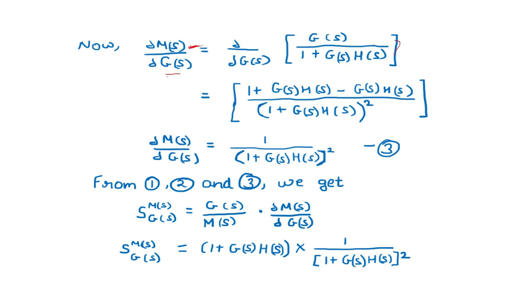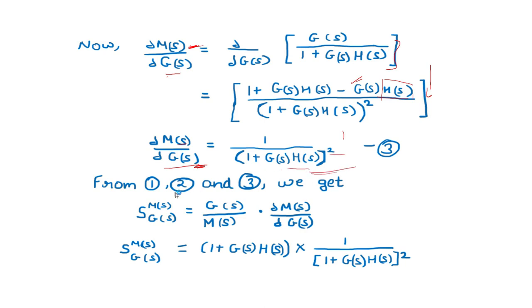So this is your MS and then we will calculate its derivative, and in this case since it is partial differentiation, HS is considered as constant, only GS is variable. So we get the partial differentiation of MS with respect to GS is equal to 1 upon square of 1 plus GSHS.